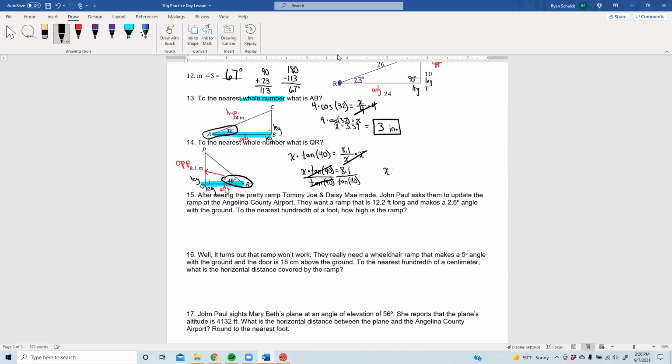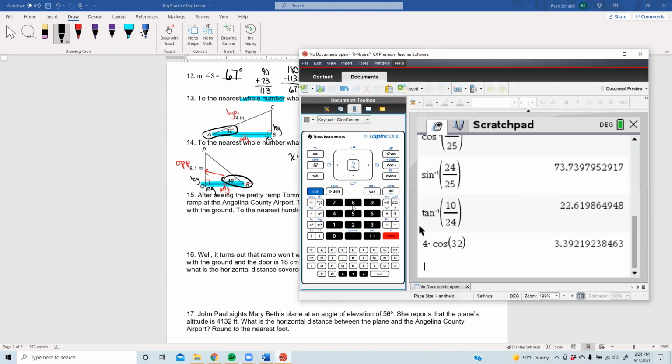So x is 8.1 divided by the tangent of 40. Let's type that in. 8.1 divided by the tangent of 40.